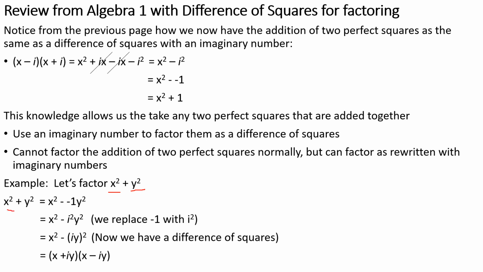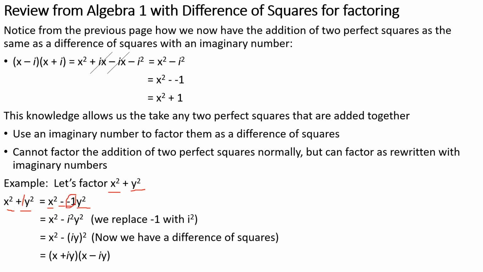x squared plus y squared is the same as x squared minus negative 1 y squared. Instead of plus, I got minus a negative 1, because this is the same as x squared plus 1y squared. So all I've done is rename this as x squared minus negative 1y squared. Now, I got negative 1 right here.